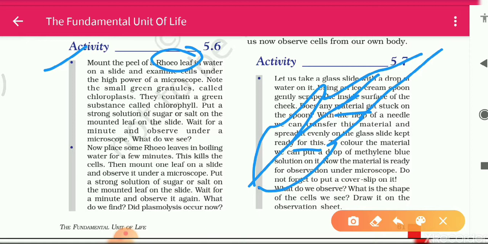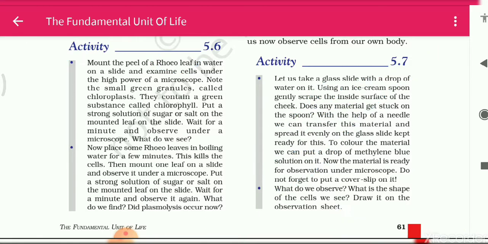Take the Rhoeo leaf in water on a slide and examine the cells under the high power of a microscope. Note the small green granules called chloroplasts, and they contain a green substance called chlorophyll.